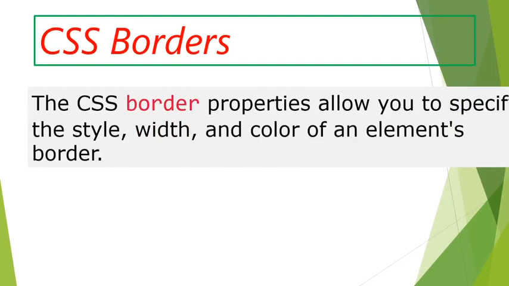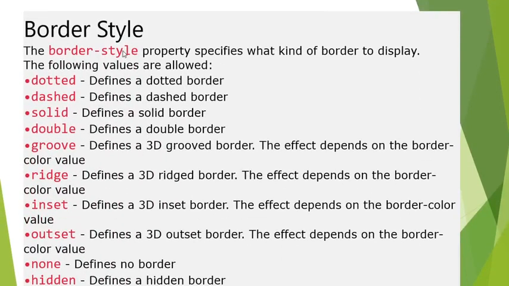Now, the CSS border properties allow you to specify the style, width, and color of an element's border. Therefore, we shall be in a position to do something like this. You see what I have done here. There is the word CSS and there is a green border outside that way. Therefore, for the border styles, you can have dotted, dashed, this type of borders.